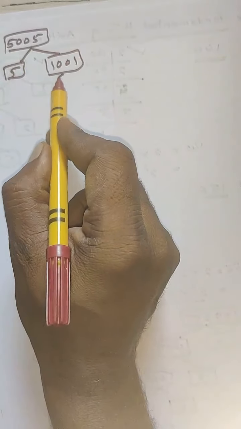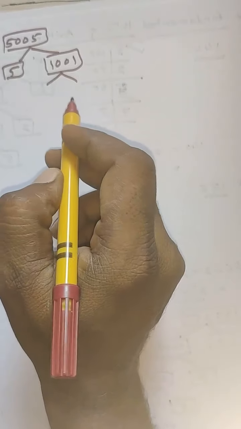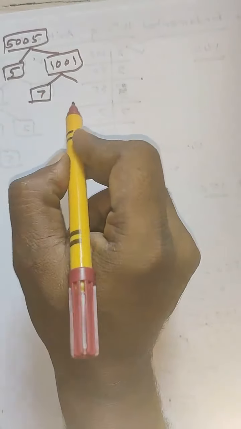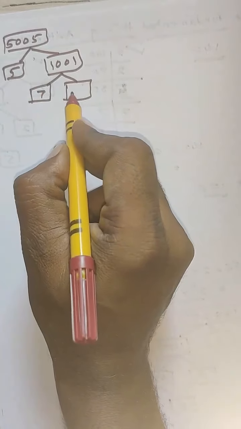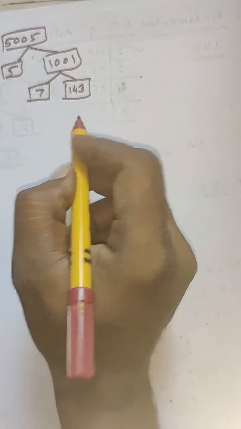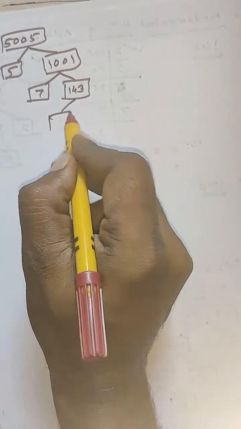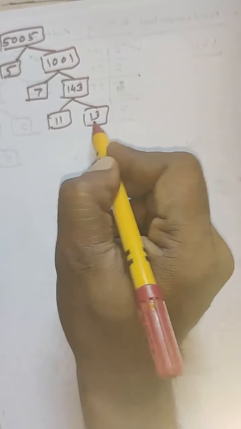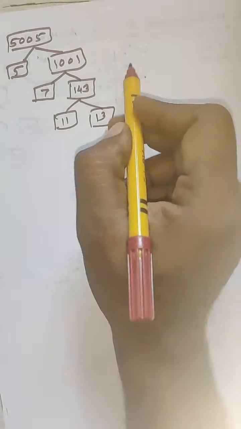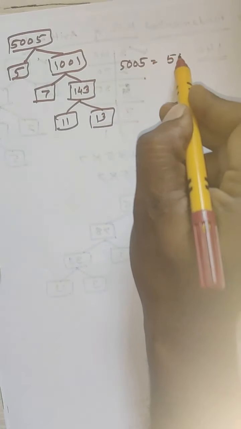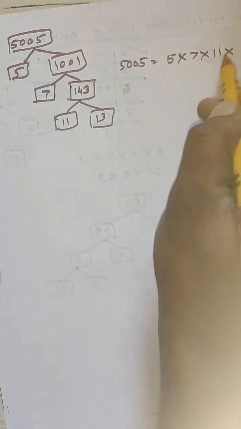This again by 7 will go, and it will be 7 and 143. This 143 is 11 and 13. So we can write 5005 is equal to 5 into 7 into 11 into 13.